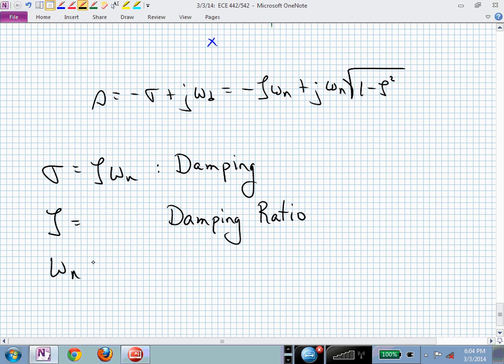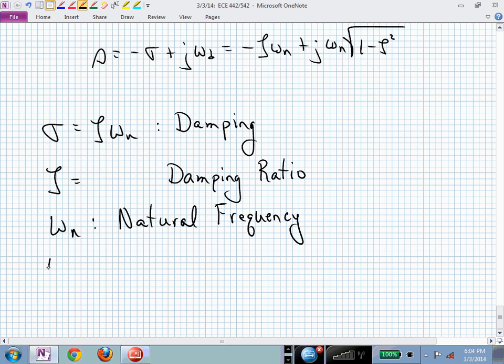Omega sub n is the natural frequency, and that's, again, the distance that pole is away from the origin. And we have the damped frequency, which is a reduced amount. That's the vertical distance associated with those poles.